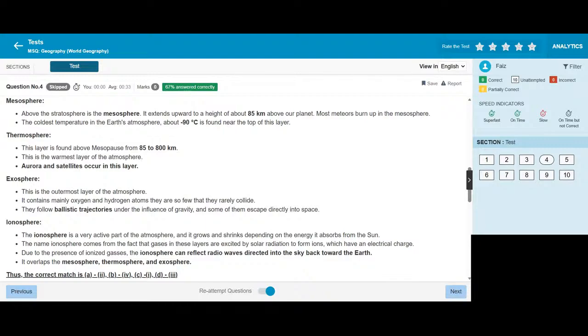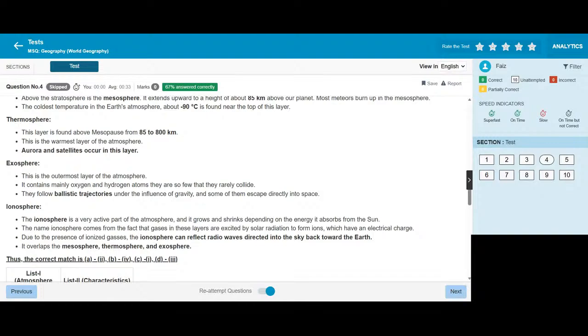It contains mainly oxygen and hydrogen atoms. They are so few that they rarely collide. They follow ballistic trajectories under the influence of gravity, and some of them escape directly into space.